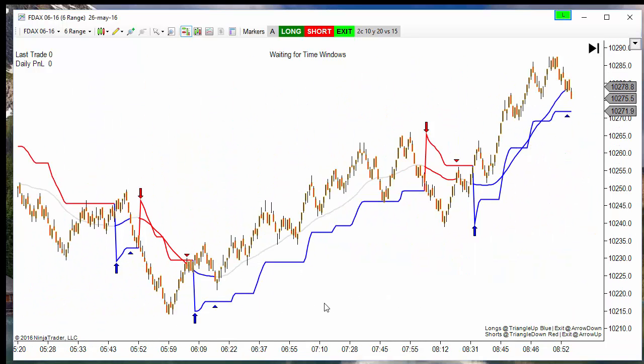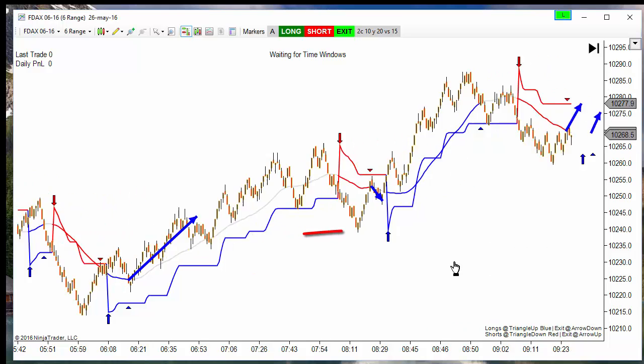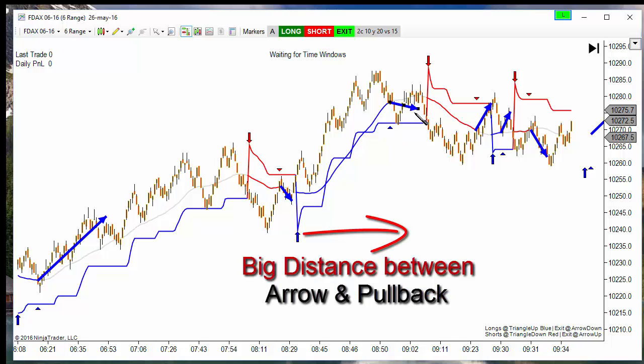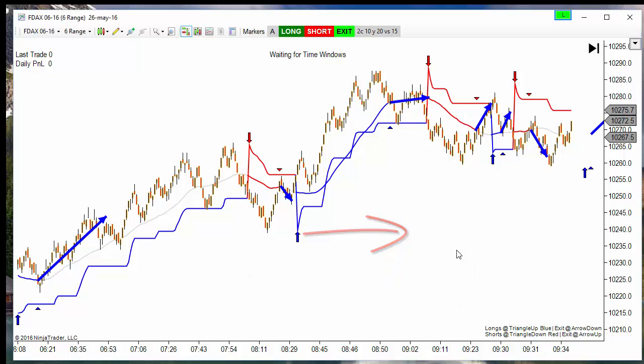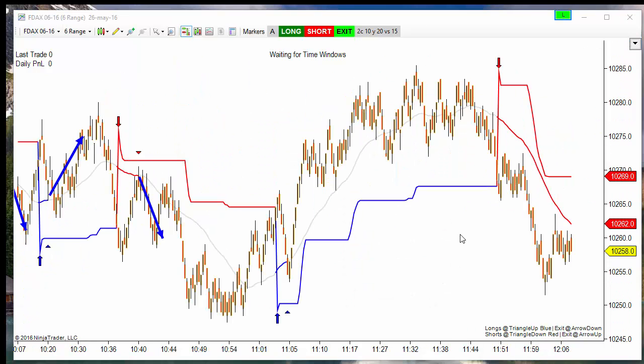The problem is that when the market is closed, usually we don't get a pullback as we have here. One of the differences that we can see is that when the market explodes, the pullback happens too late. The system that we were talking about, the pullback entry, worked very well today.